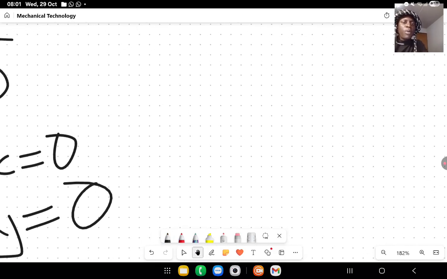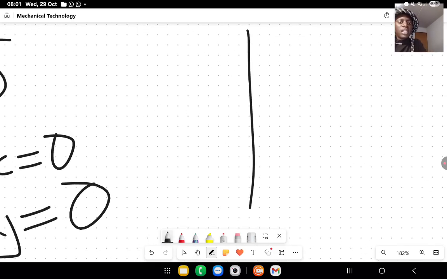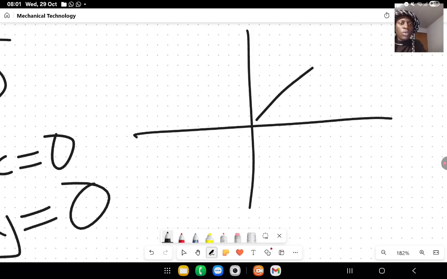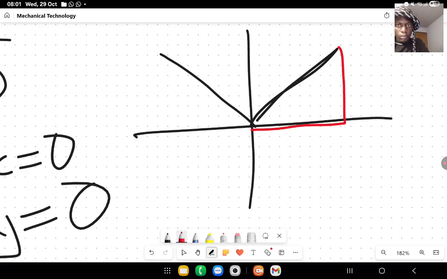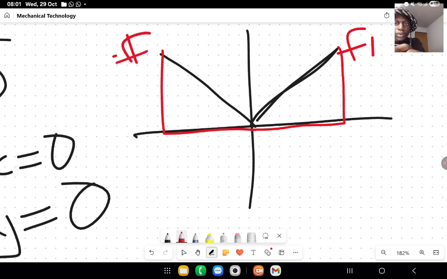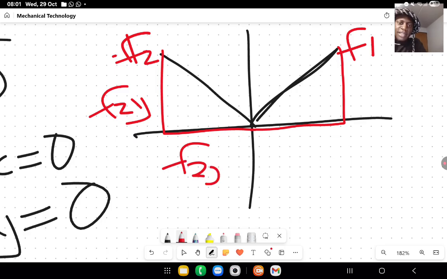Therefore, we speak about the forces which go like this. We have to provide two components like this. If this is F1, this is F2. This is going to be F2y, this is going to be F2x, this is going to be F1x and F1y.